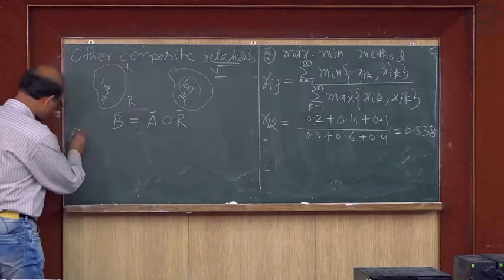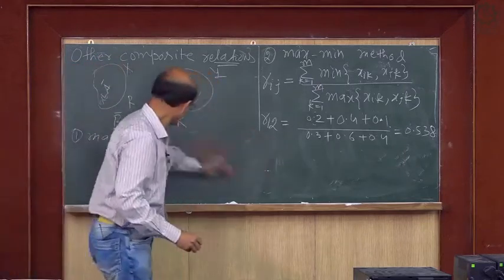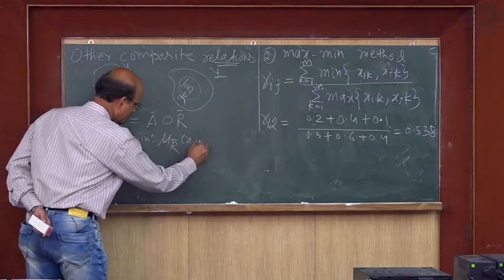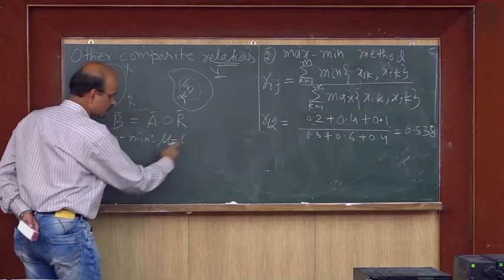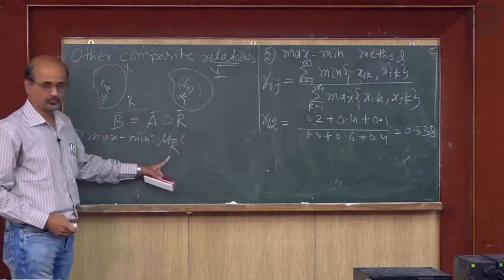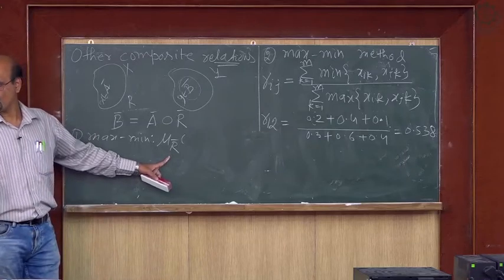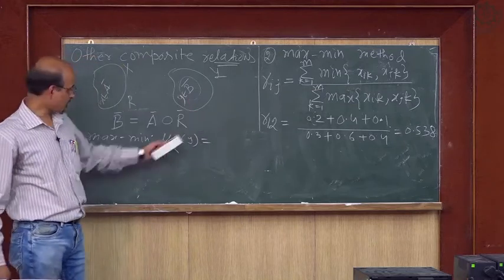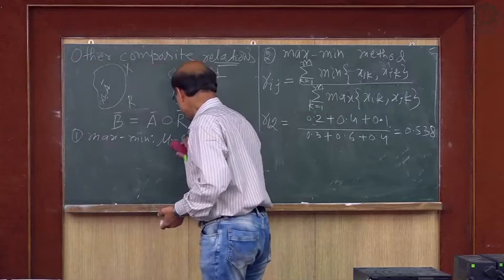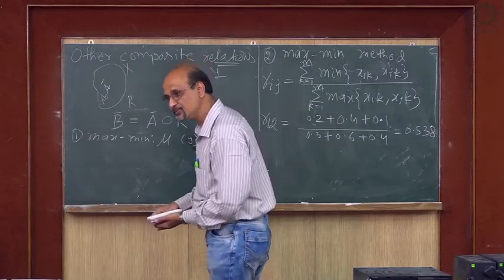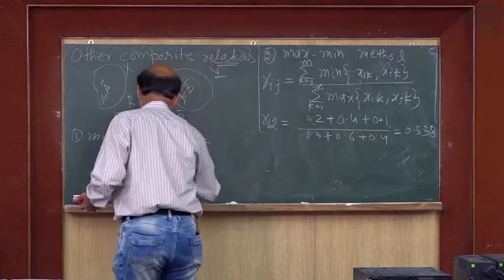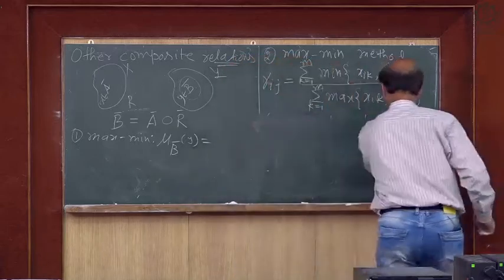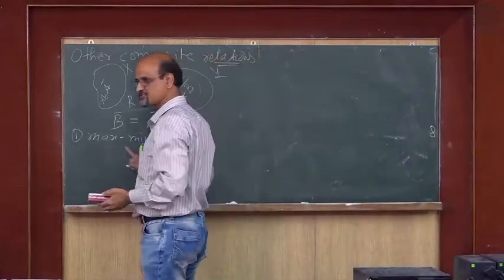So, first one is max min. That means I want mu B bar of y, because I want it for the B fuzzy set, not R bar. This should be B bar. So, this will be, see, max min.